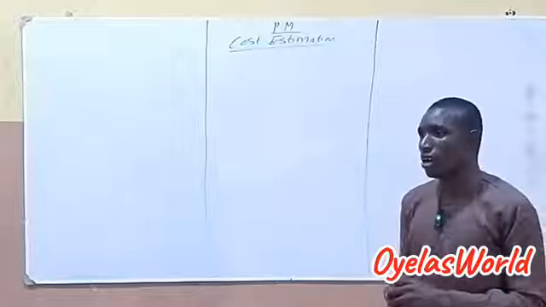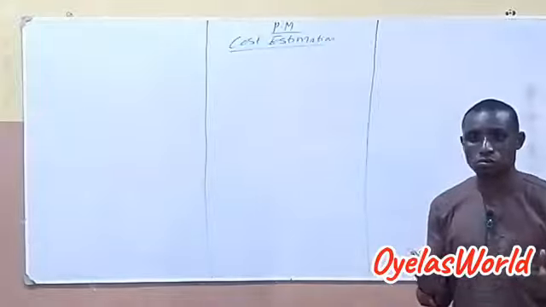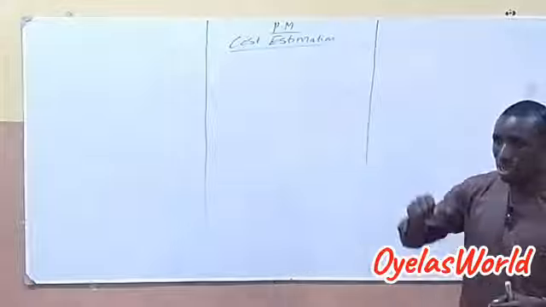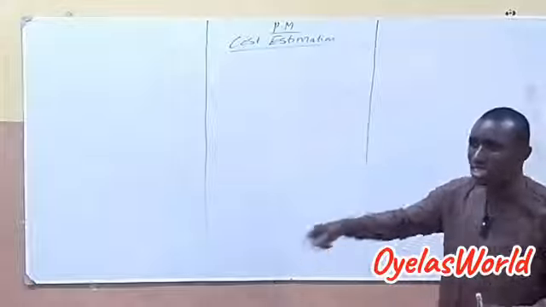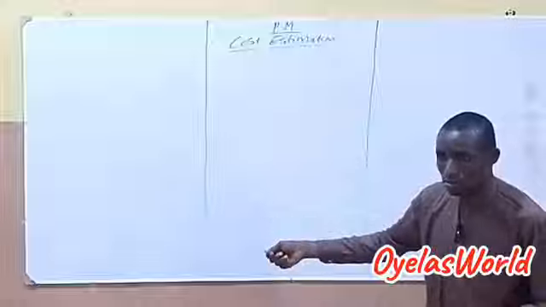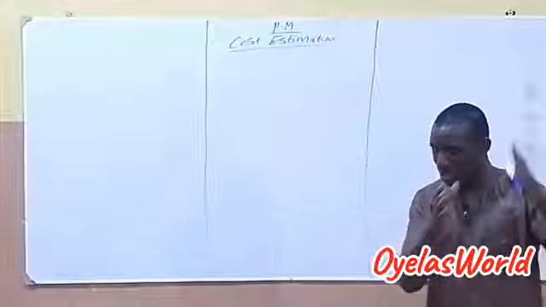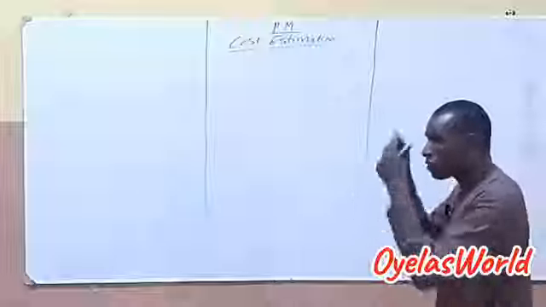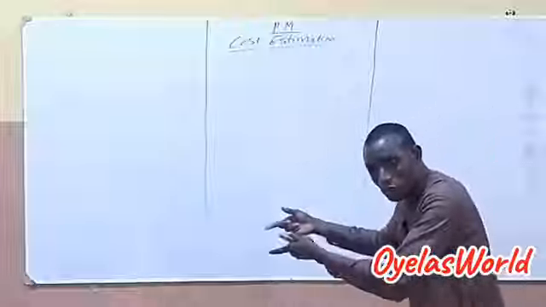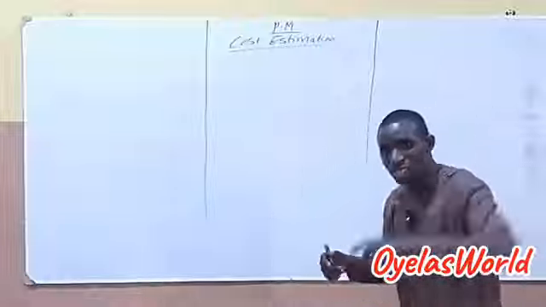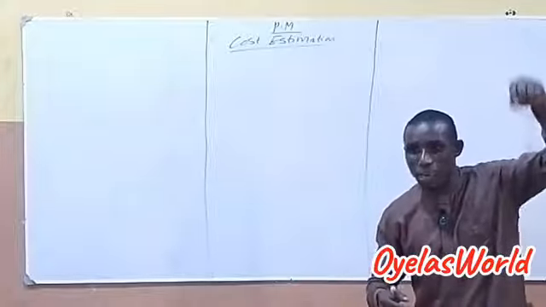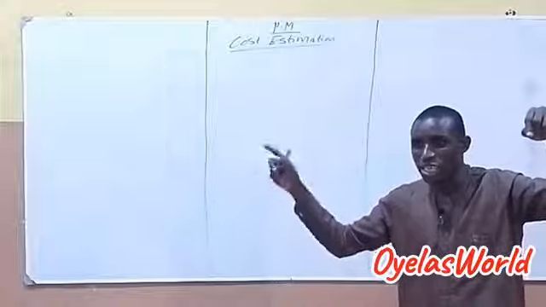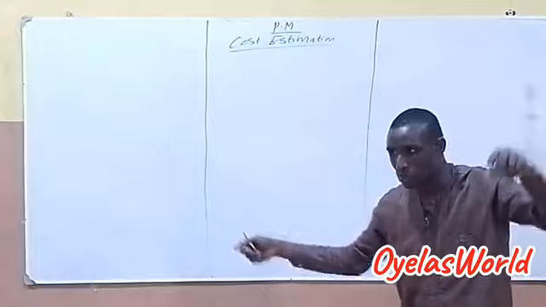From that, we have seen that the total cost depends on the units produced. The total cost to be incurred depends on how many units you produce, right? That means the total cost is a dependent variable, while the units produced is the independent variable.